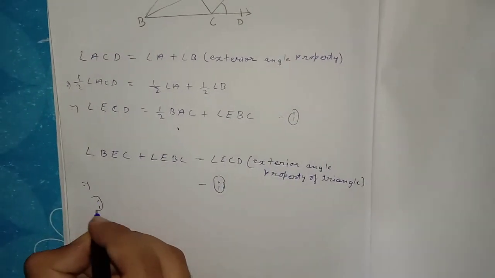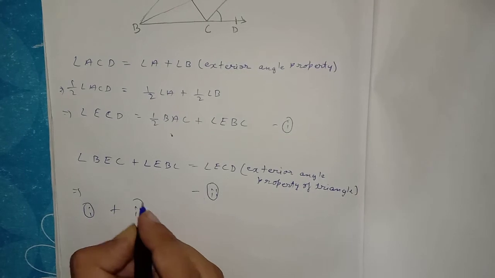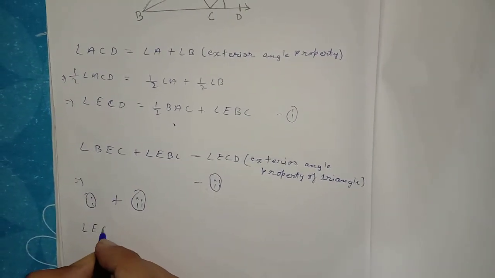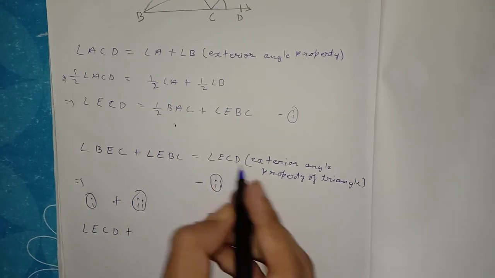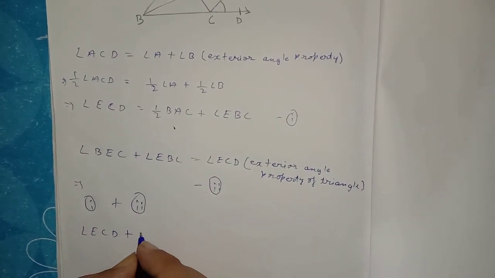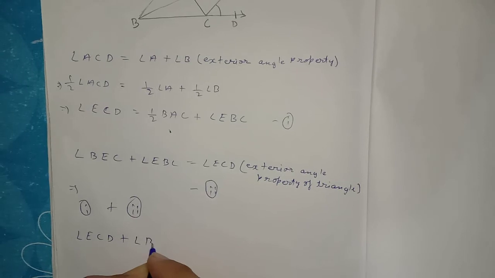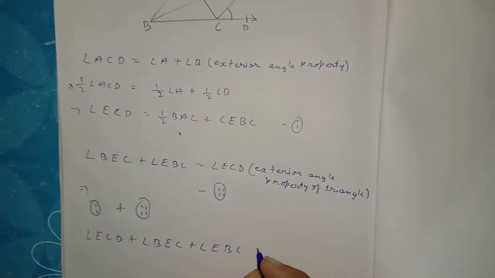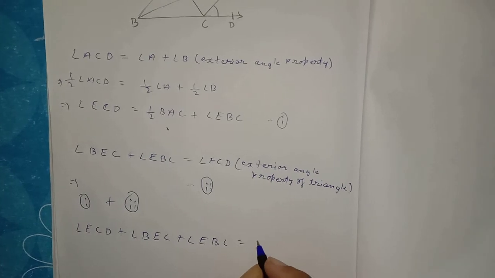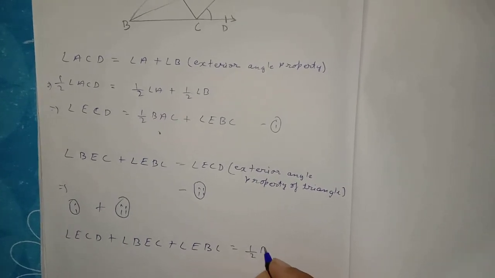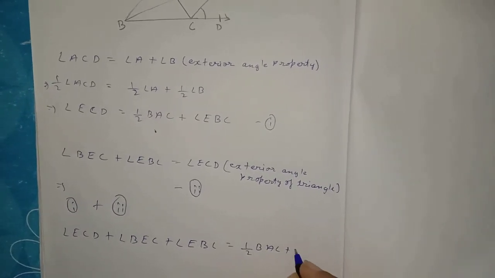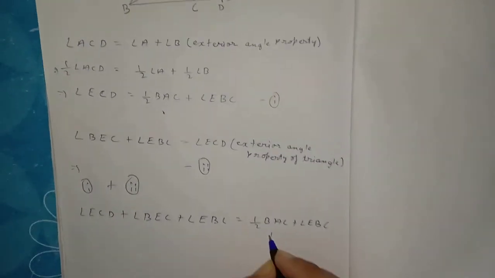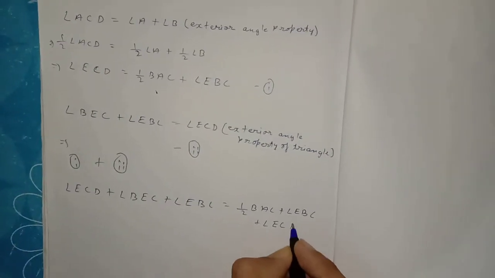So first equation plus second equation: angle ECD plus angle BEC plus angle EBC is equal to half angle BAC plus angle EBC plus angle ECD.